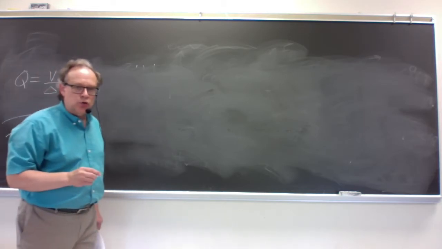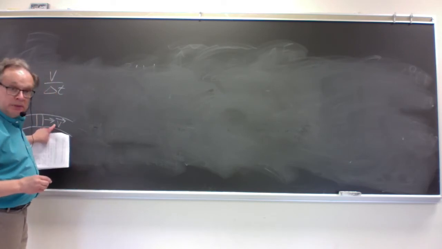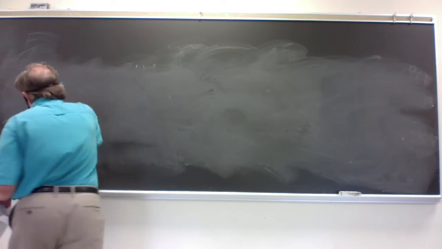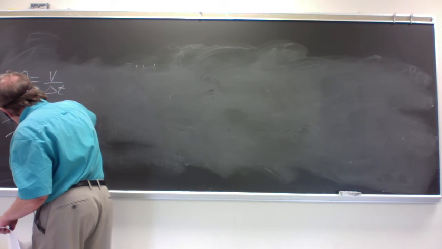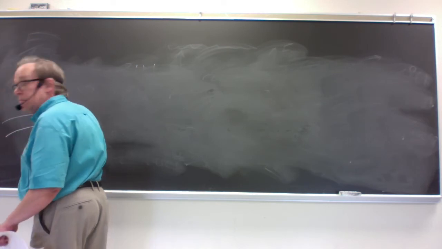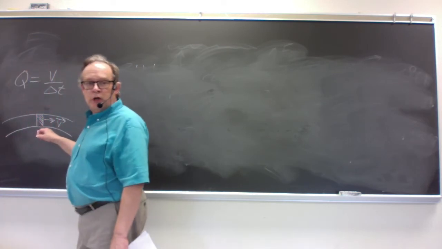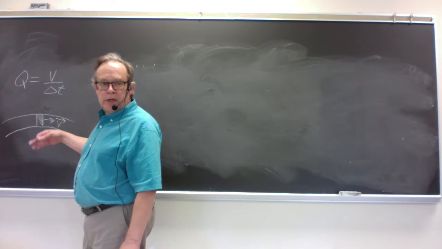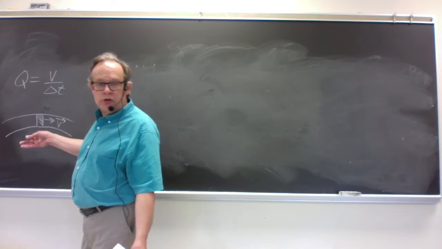Velocity is pointing in that direction, and here's the speed, and this volume of fluid is passing by. And we can write this volume of fluid as a product of two factors.